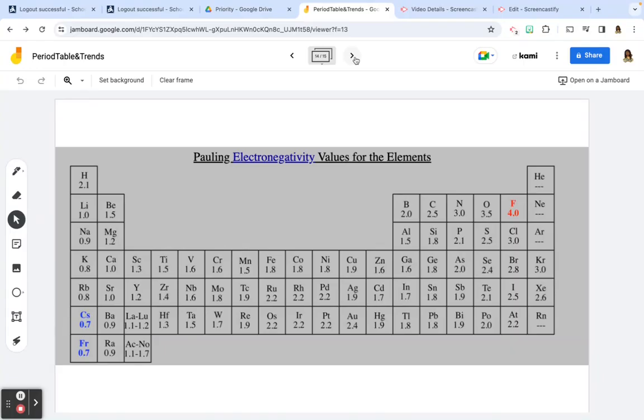Nonmetals tend to have a high electronegativity. Electronegativity, I'm going to symbolize with the letters EN. It's on a short scale of 0 to 4, 4 being the highest. And the only element that has 4 for electronegativity is fluorine.